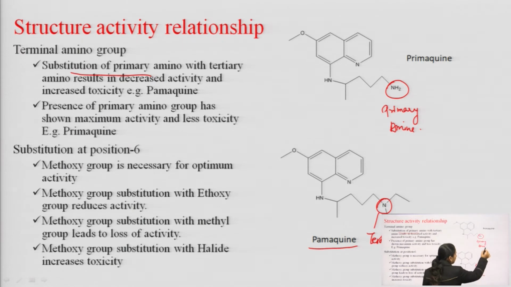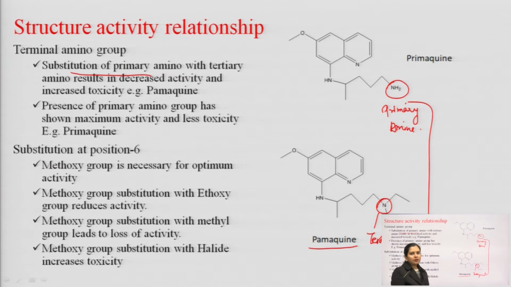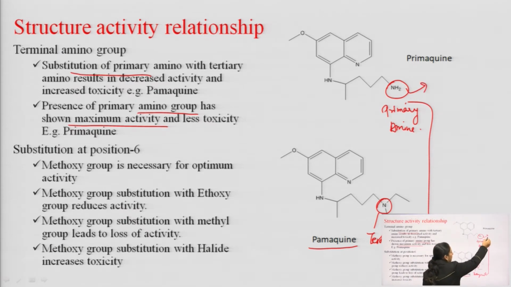So, substitution of primary to tertiary leads to decrease in the activity and increase in the toxicity. The primary amino group has shown the maximum anti-malarial activity of the drug.